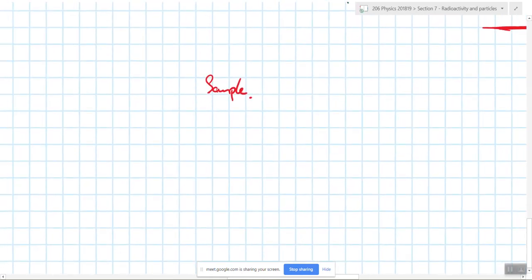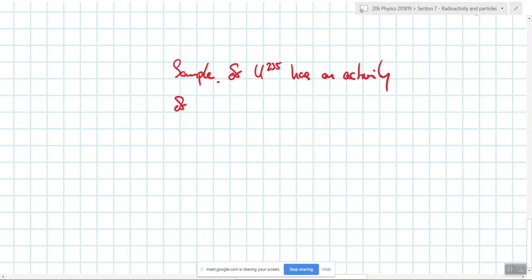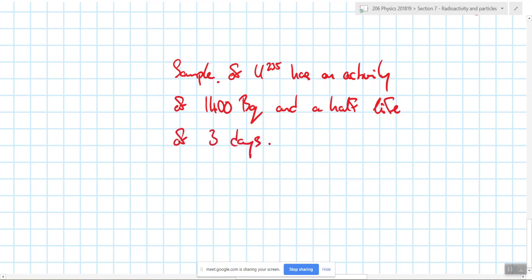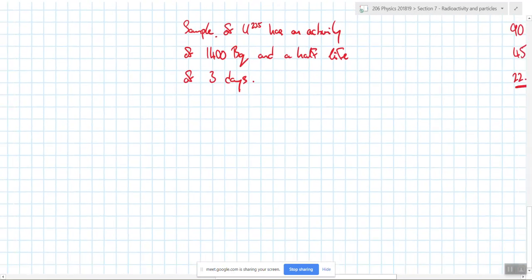So let's say a sample of uranium has an activity of 1400 becquerels. Half-life of 3 days. You could be asked really two different sorts of questions.